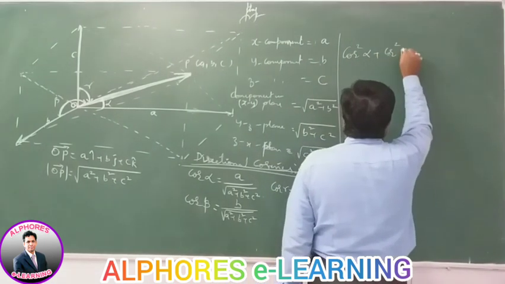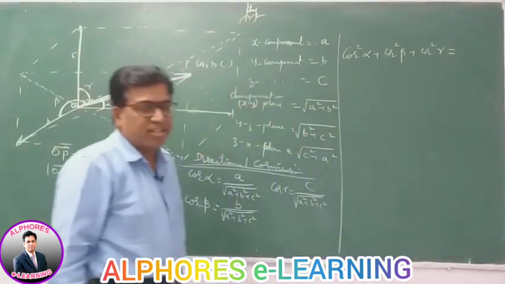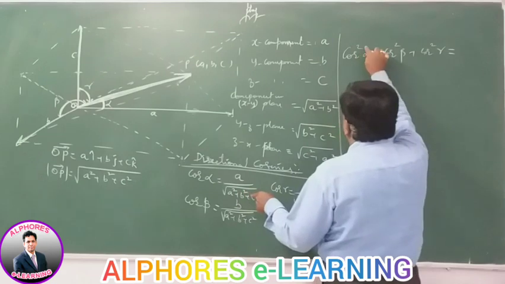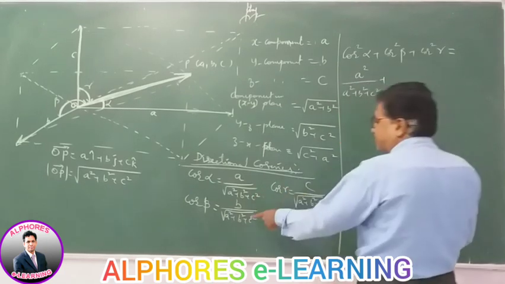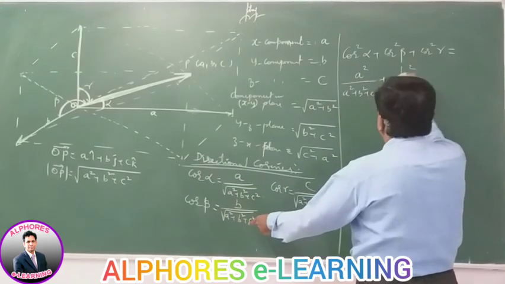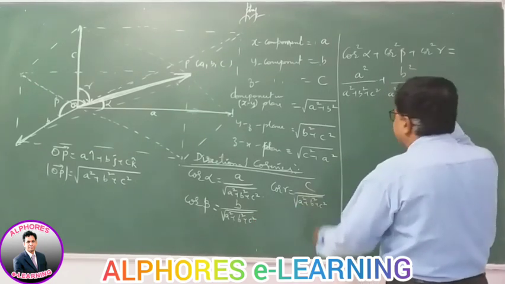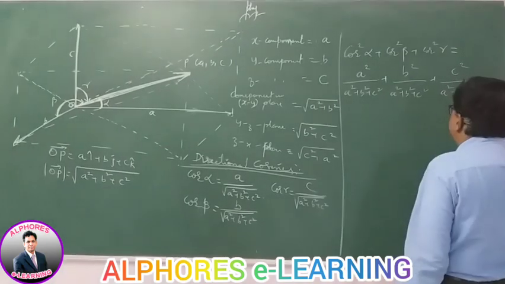Cos square alpha plus cos square beta plus cos square gamma. If I find cos square alpha, cos square beta, cos square gamma, you please substitute. Cos alpha is a by root, so cos square alpha is a square by a square plus b square plus c square. Cos square beta is b square by a square plus b square plus c square. Cos square gamma is c square by a square plus b square plus c square.